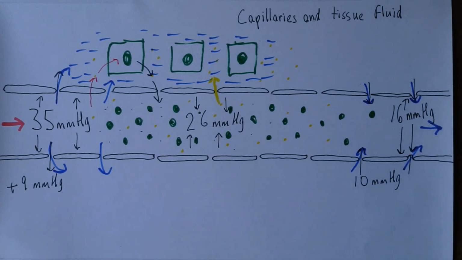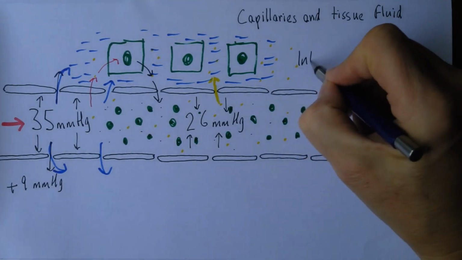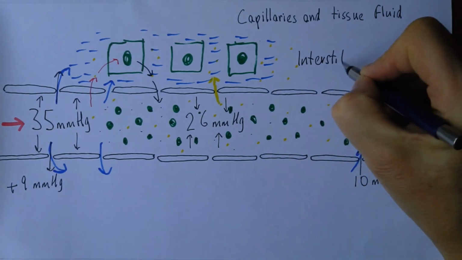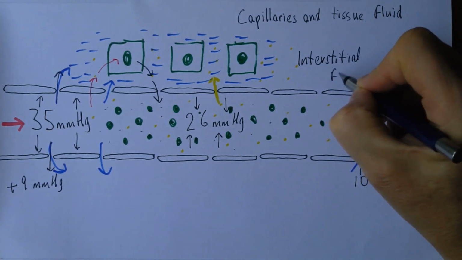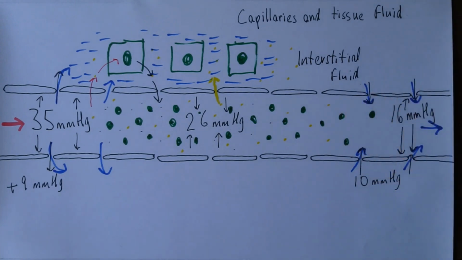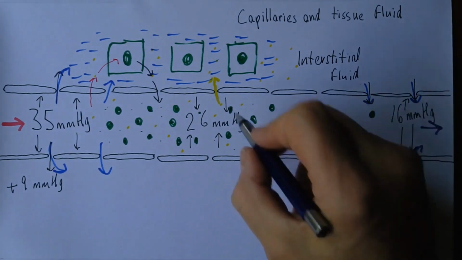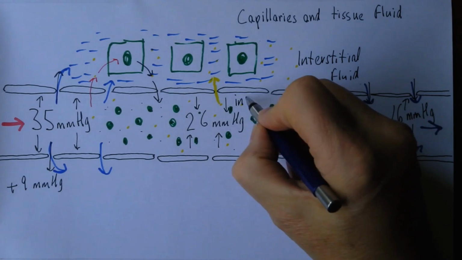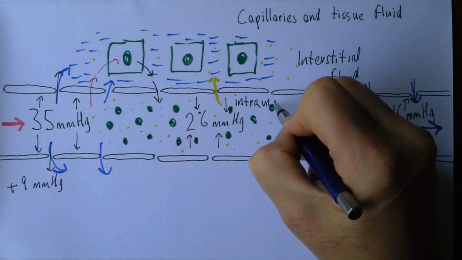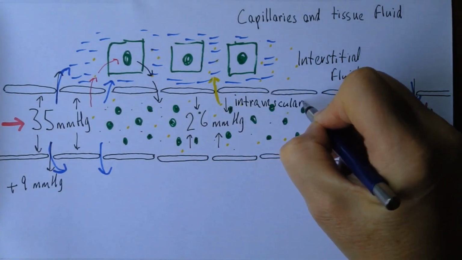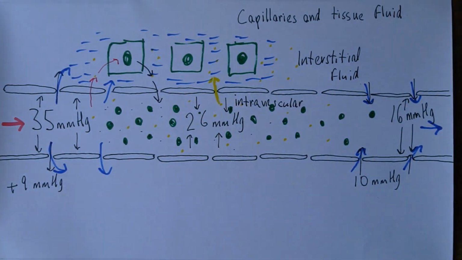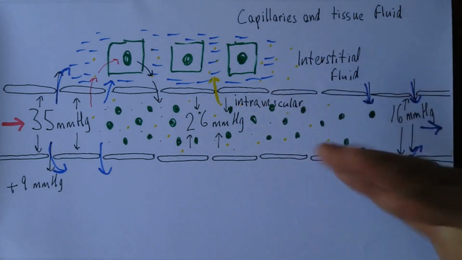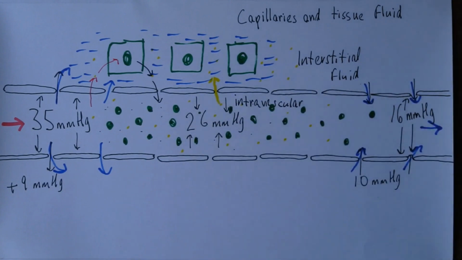And this is what gives us the interstitial fluid, the fluid in the tissues, as opposed to the fluid in here, which was intravascular. So the only difference between the fluids outside and the fluids inside essentially is the presence of these plasma proteins.